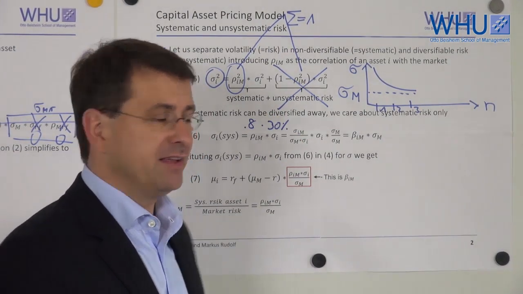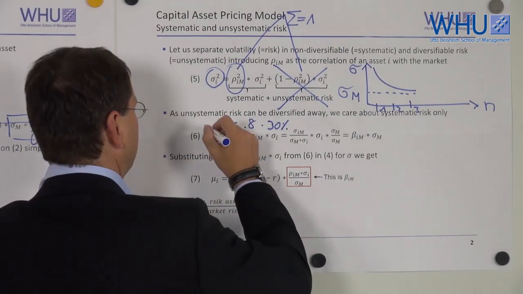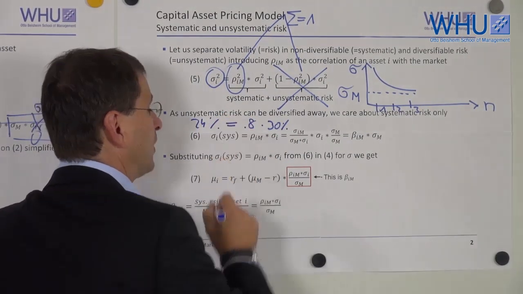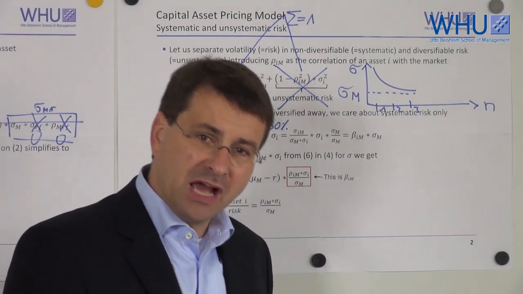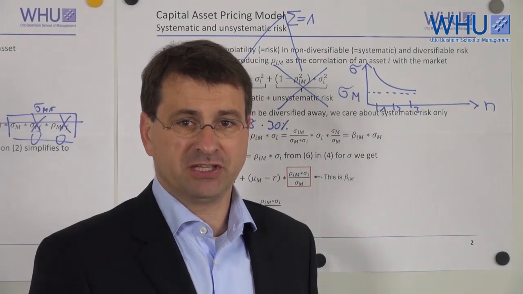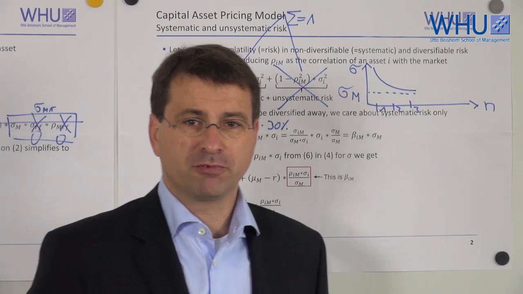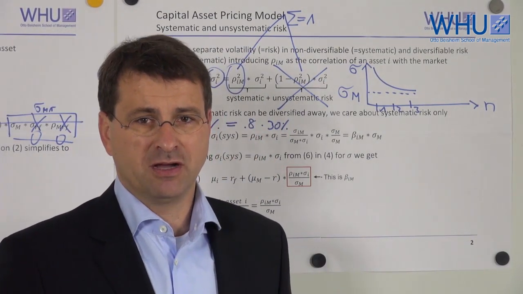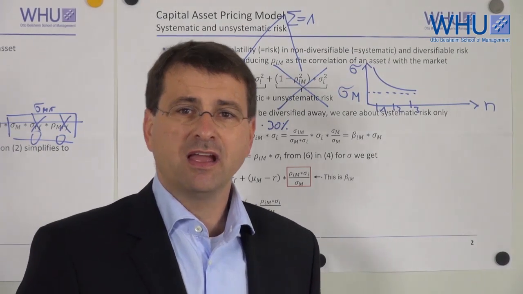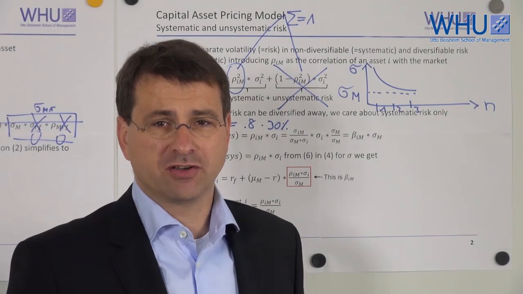Then we find that the systematic volatility of that asset is 24%. So we have a 24% systematic volatility component. We have a 30% volatility component in total, but the systematic risk component is only 24%. The remaining 6% are unsystematic risk ingredients, and those can be diversified away free of any costs.